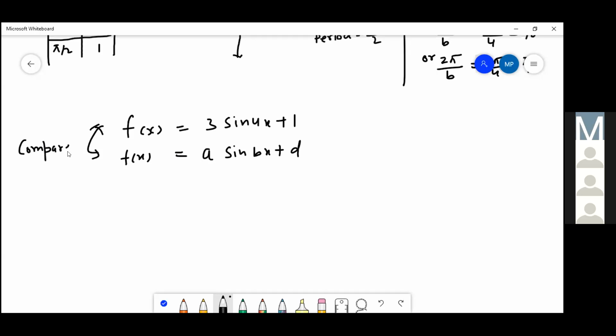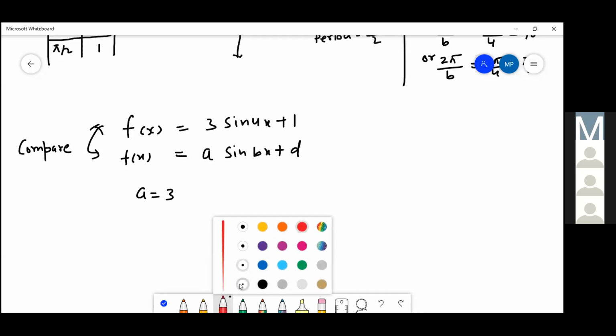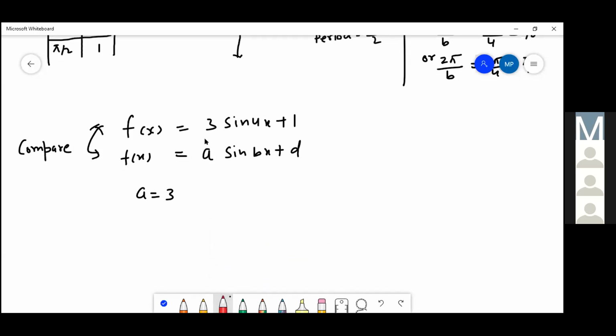Understanding? Wait, sir. Can you repeat? Yes, I'm repeating. You just compare both equations. This is the general equation, a sine bx plus d, and this is the question.